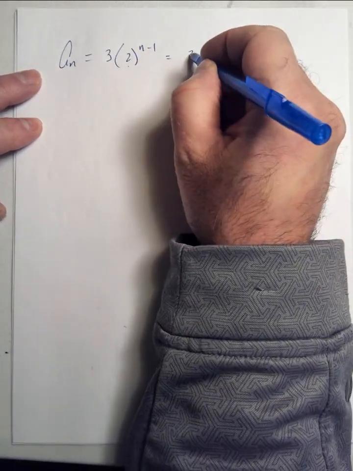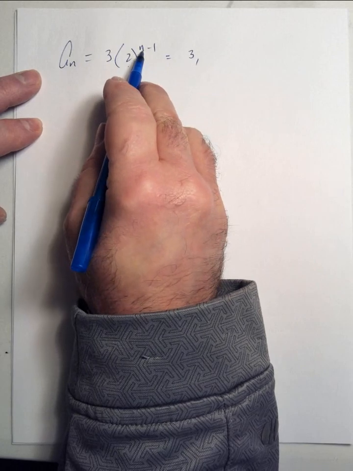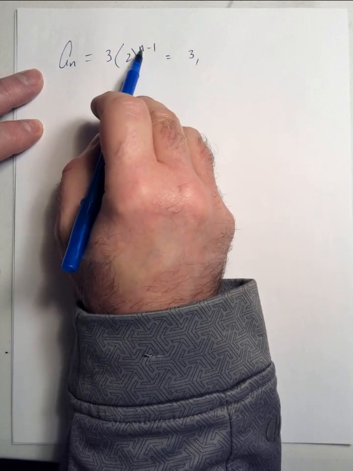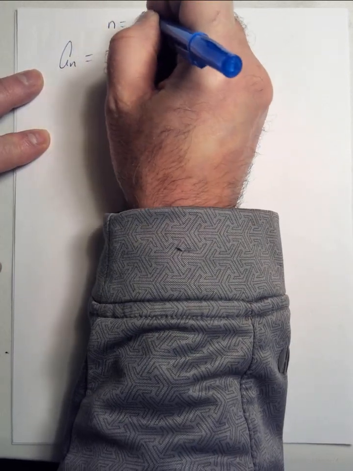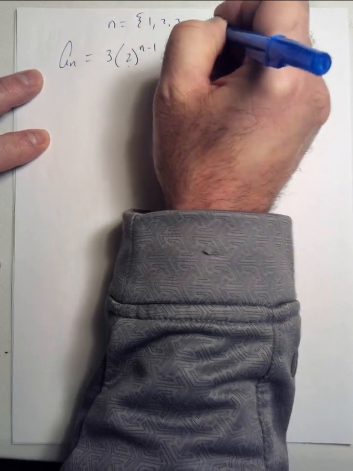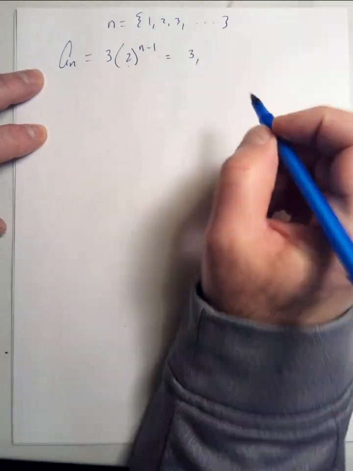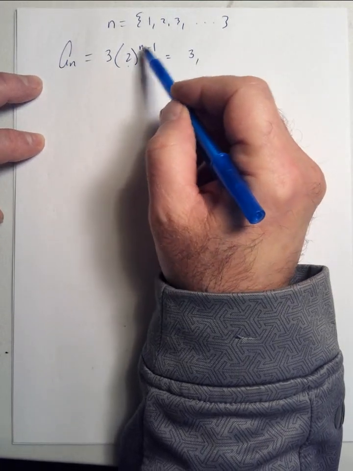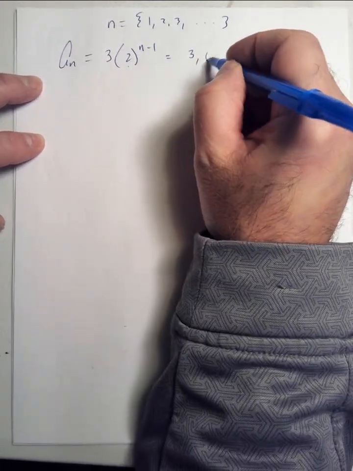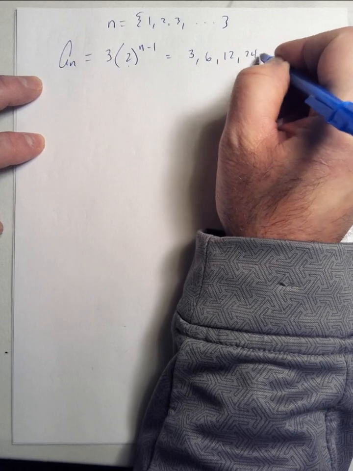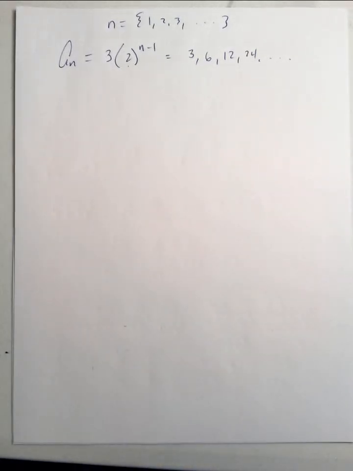the first term would be 3, because we plug in 1. Remember, it's a sequence, so that n is the set of natural numbers. 1, 2, 3, that's your domain. Okay, so the next term would be 3 times 2 or 6, times 2 is 12, times 2 is 24, etc. What's happening here?